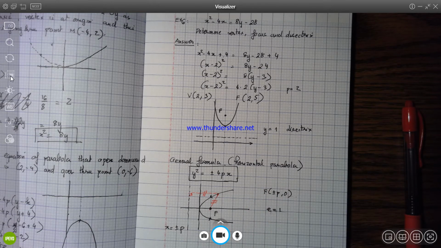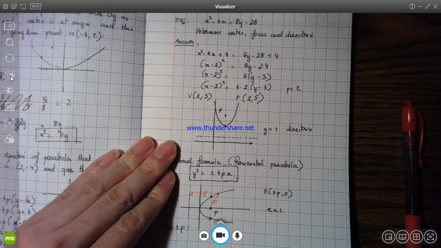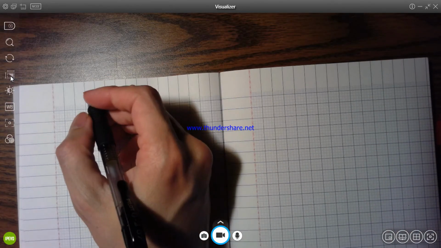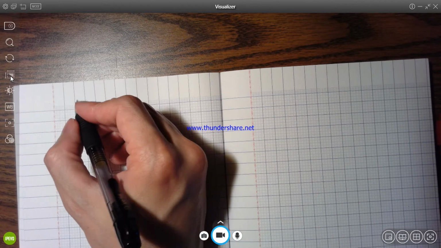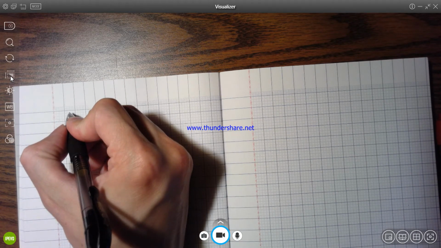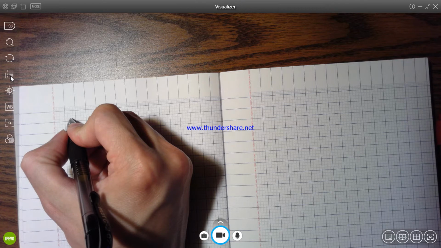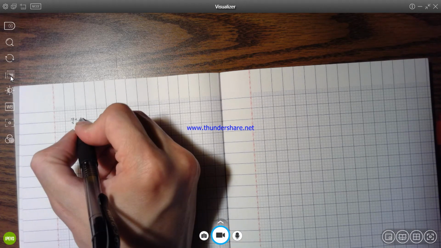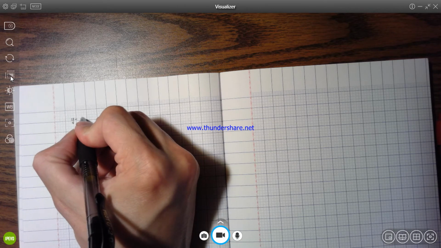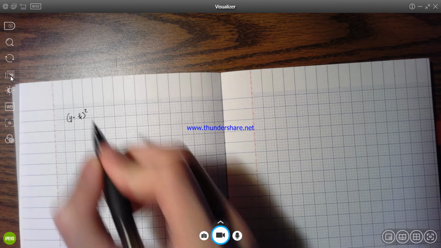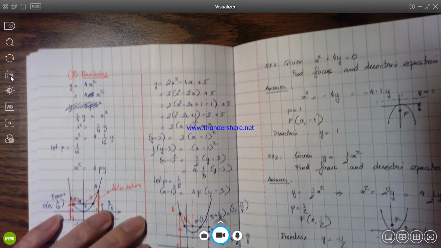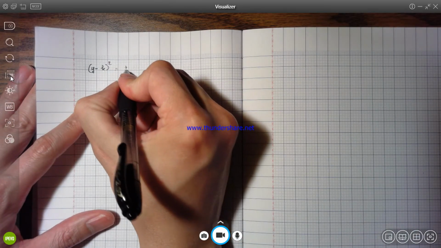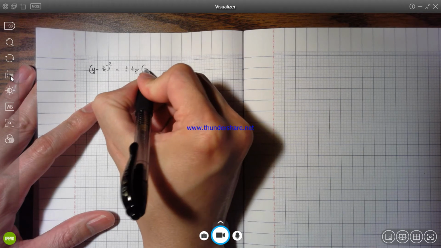Similarly, if we have a horizontal parabola whose vertex is not at the origin, we will have something like this: y minus k squared equals plus or minus 4p times x minus h.